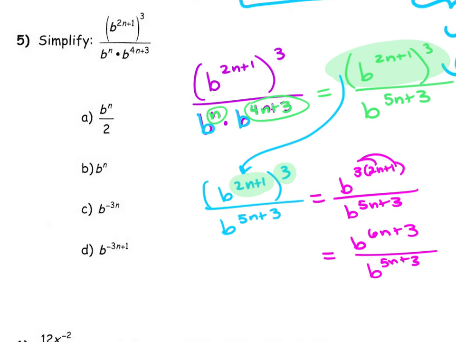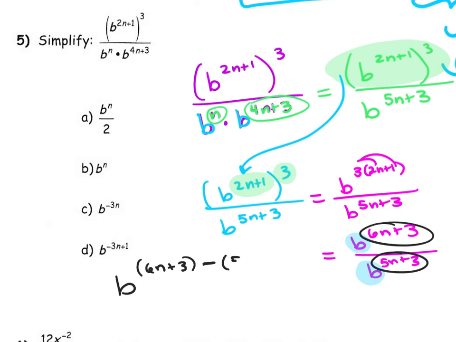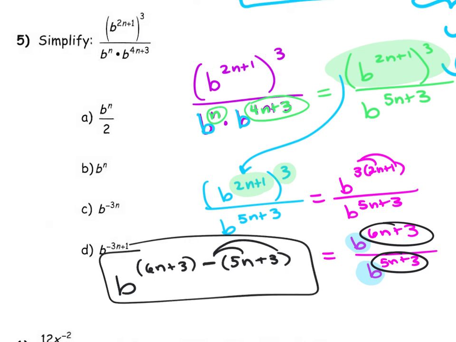I have like bases being divided. What's our rule for dividing like bases? What do we do with the exponents? Subtract. So I've got b to the 6n plus 3 minus, subtract the exponents, minus the 5n plus 3. I'm going to distribute. Again, this came from using the fact that when we divide like bases, we subtract the exponents.